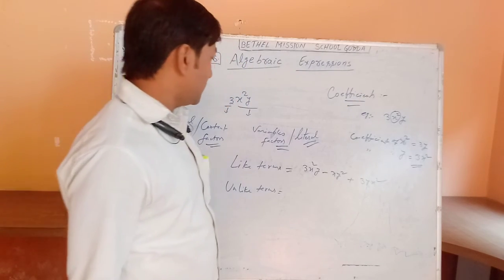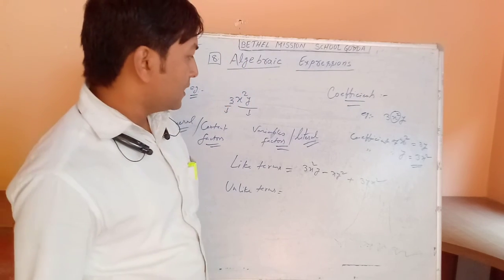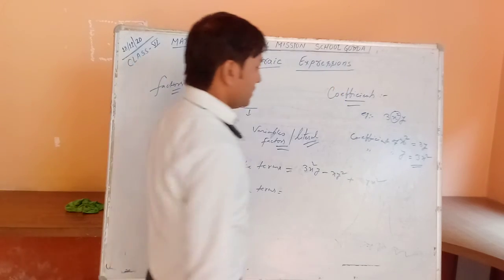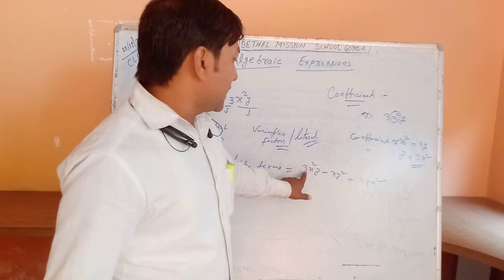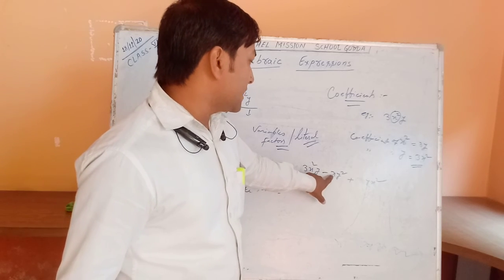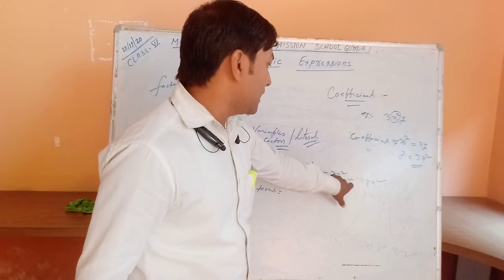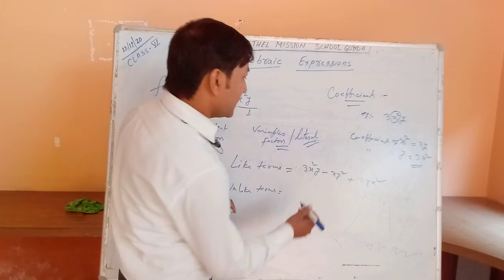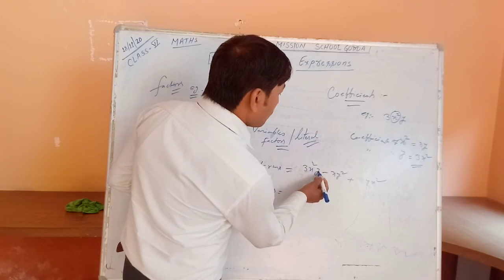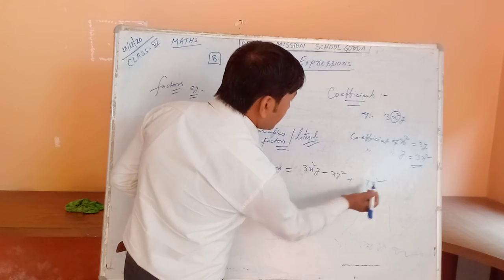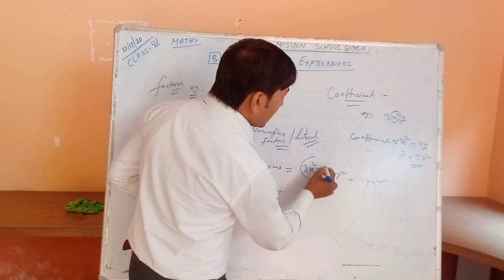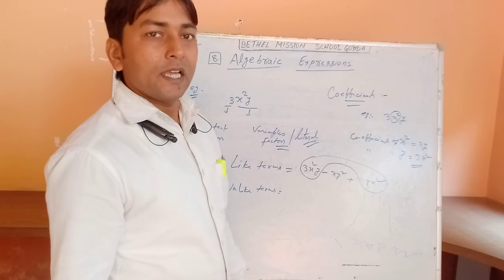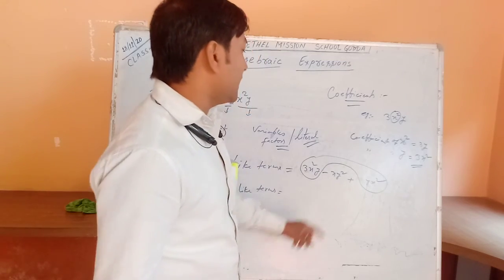Okay, so here, which one? 3x square y minus xy square plus yx square. So we look: here yx square, here also yx square. So both are like terms.